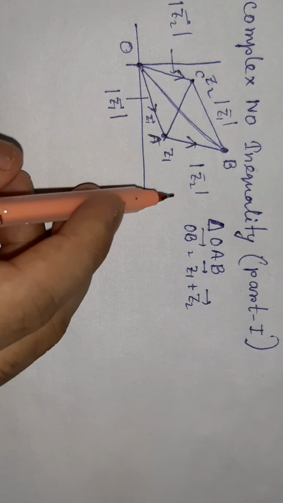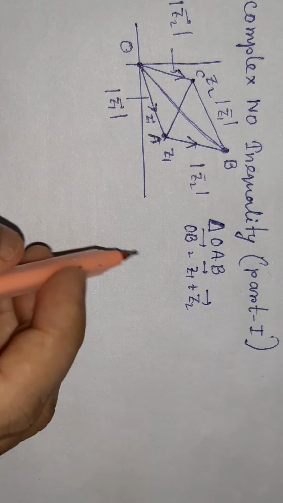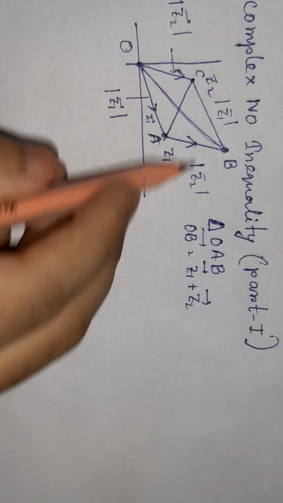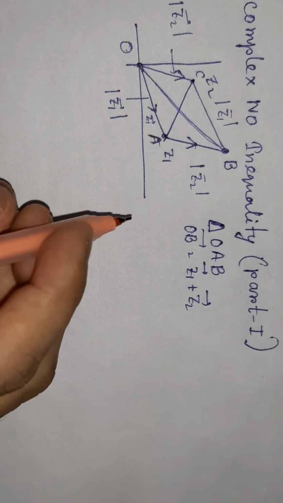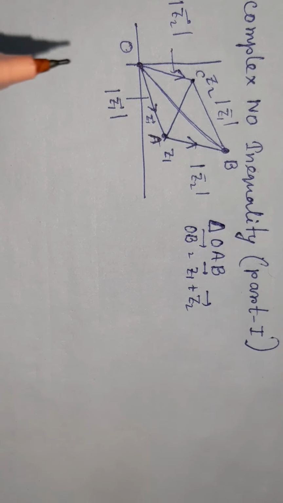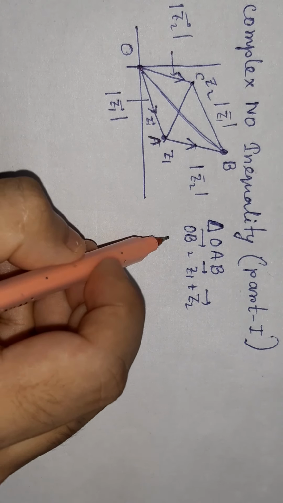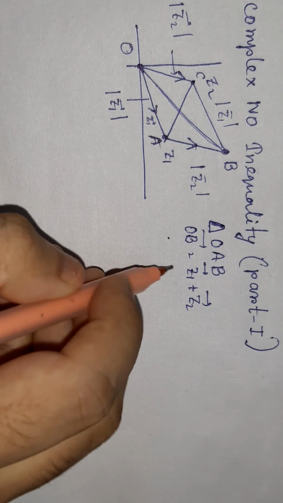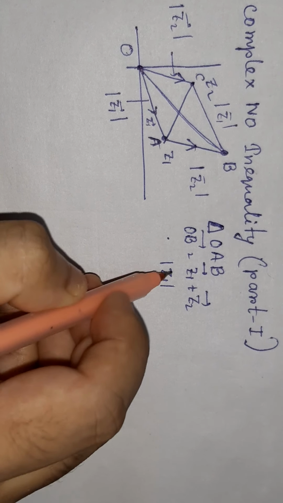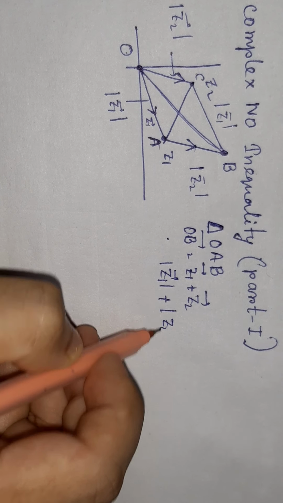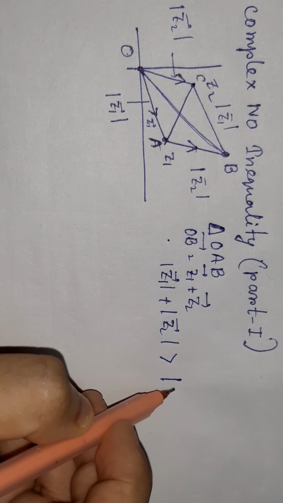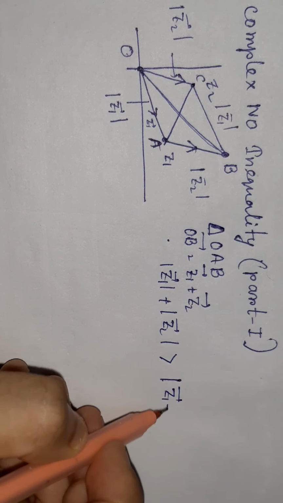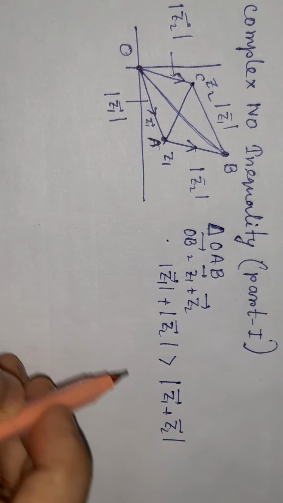So we can take the third side as OB, and the sum of the sides is mod of Z1 and mod of Z2. So from the properties of a triangle, we can write that modulus of Z1 plus modulus of Z2 is greater than modulus of OB, that is Z1 plus Z2.